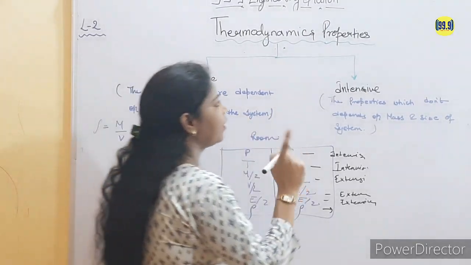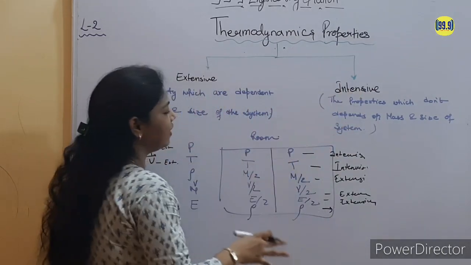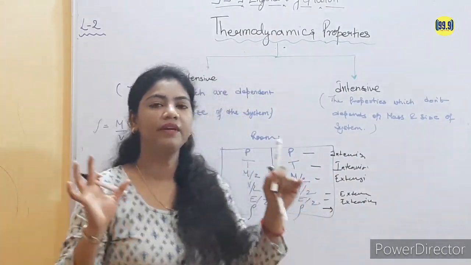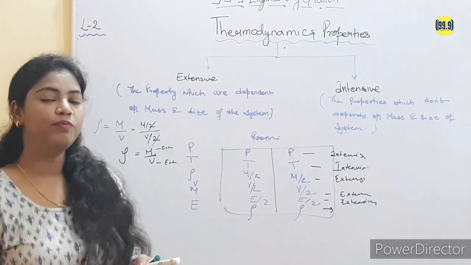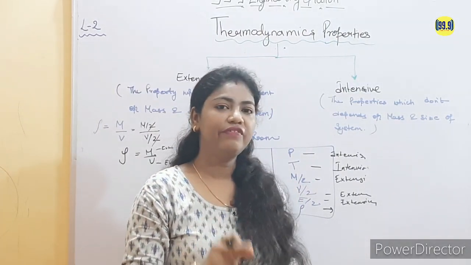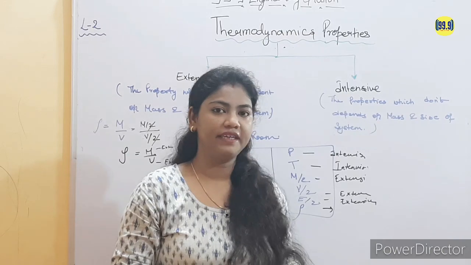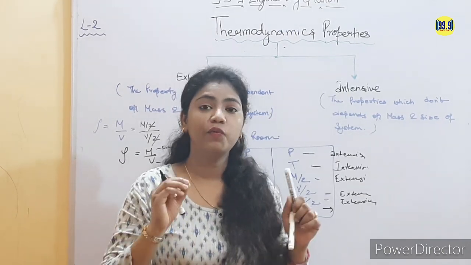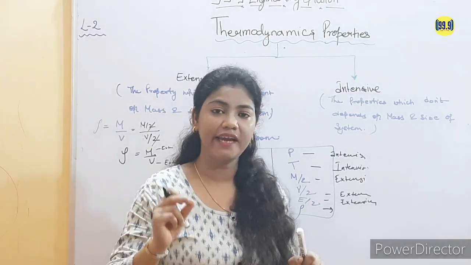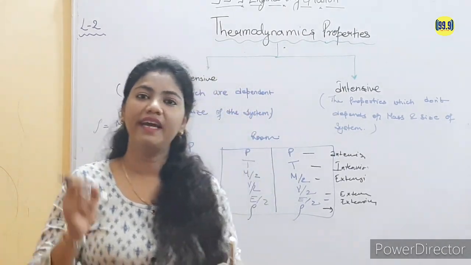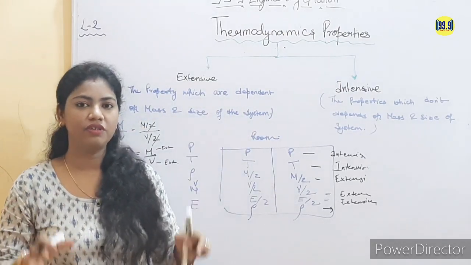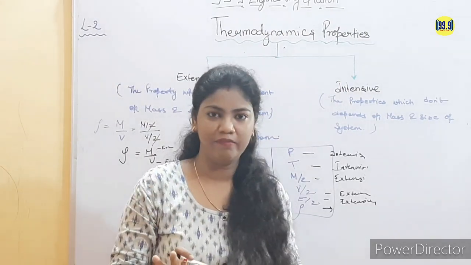So you have to write down somewhere that the ratio of any two extensive properties becomes an intensive property. One more important thing is that specific properties like specific enthalpy and specific entropy are also intensive properties.